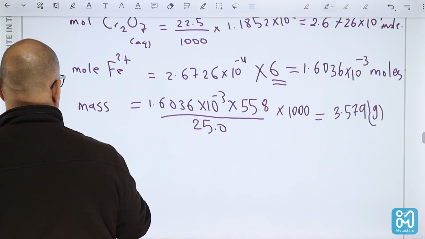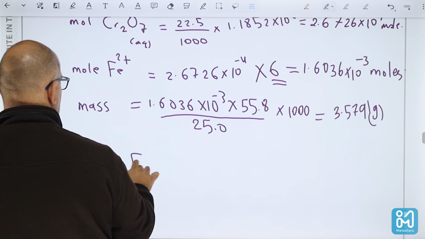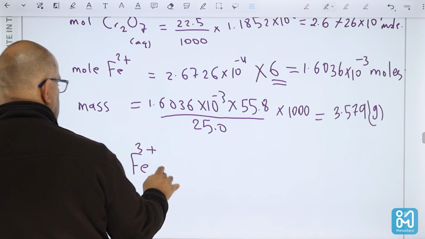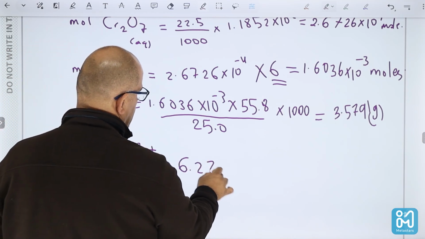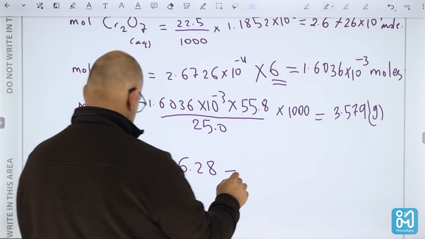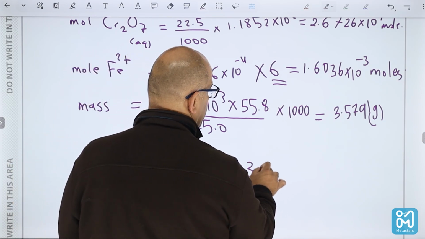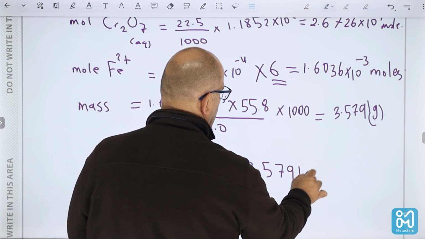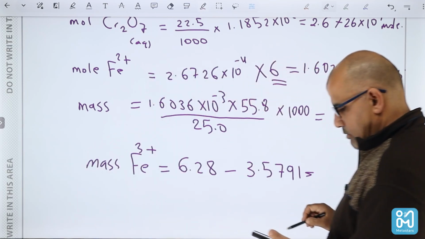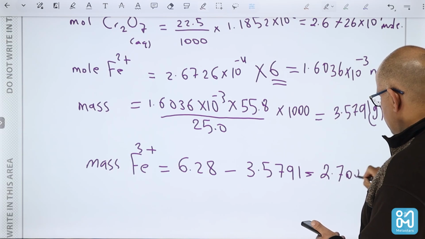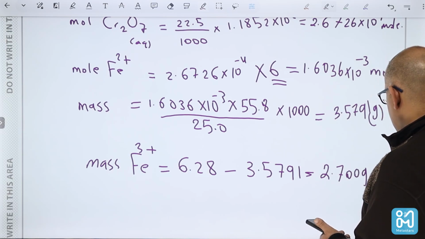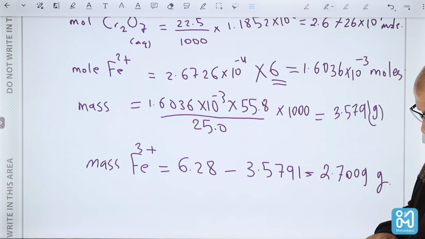He said that iron 3 was not reacted. So it equals the original mass, which is 6.28, minus 3.5791. That equals 2.7009 grams of iron 3.